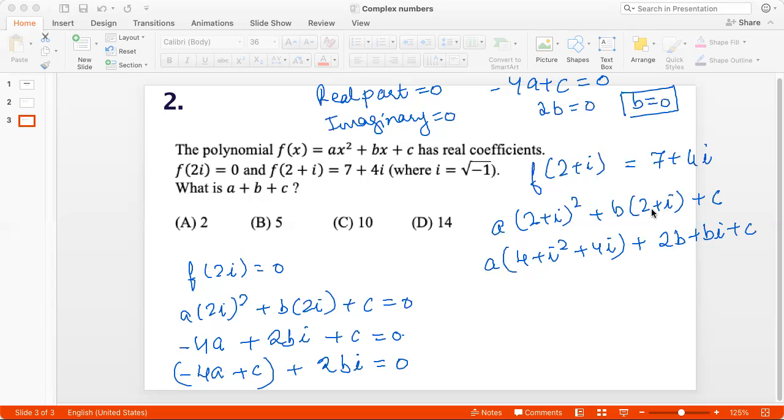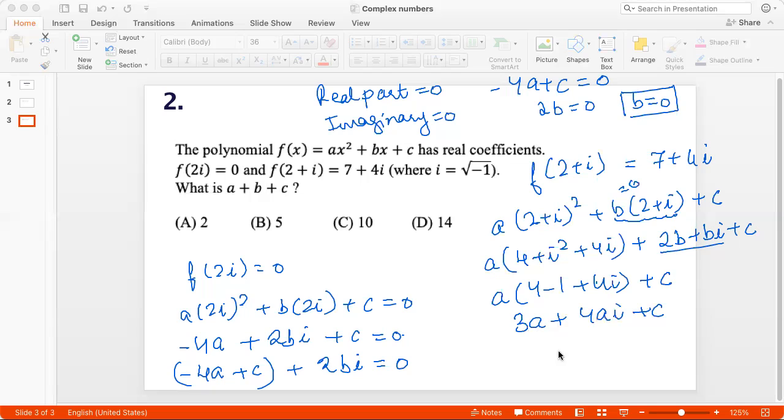In fact, we can ignore this part, right? Because we know that b is 0. So this part is something that we can simply not consider. So that's a times (4 minus 1 plus 4i) plus c. So that's 4 minus 1, 3, 3a plus 4ai plus c.